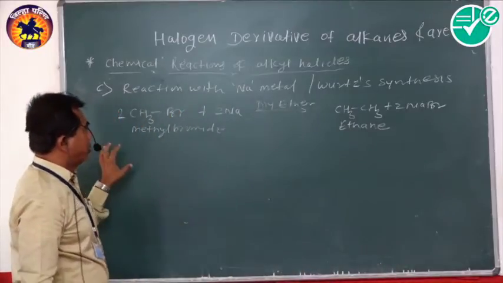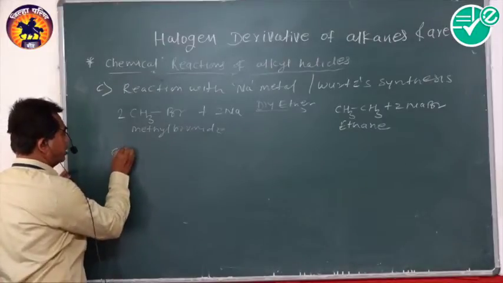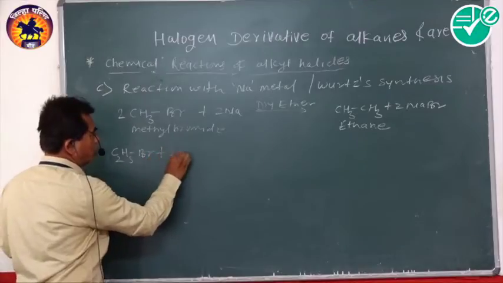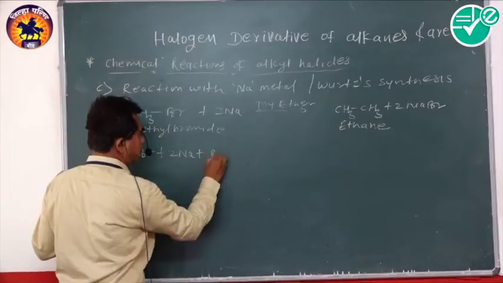We take another example: C2H5Br plus 2Na plus C2H5Br.